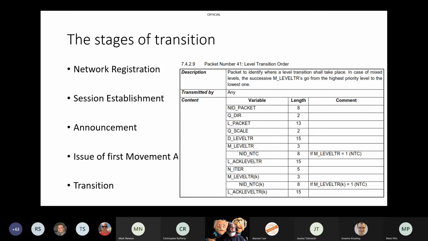And lastly, packet 41 again, and that is sent as a balise group message. The requirement in the subsets is that the level transition order at the level border is sent by balise group. So we need to put all those in, and we're going to start by looking at from session establishment onwards.